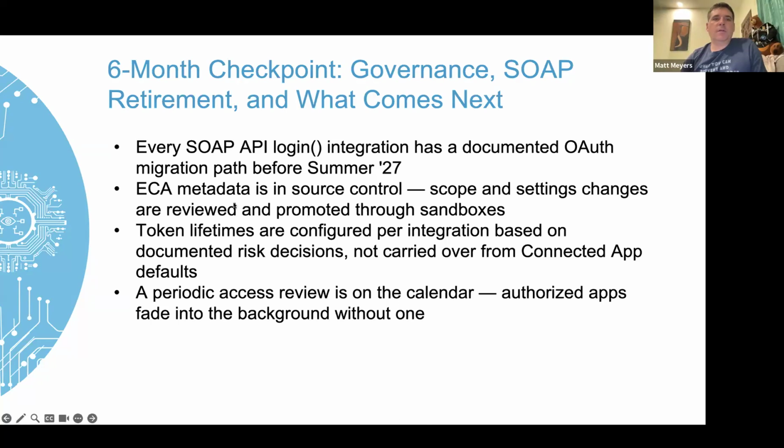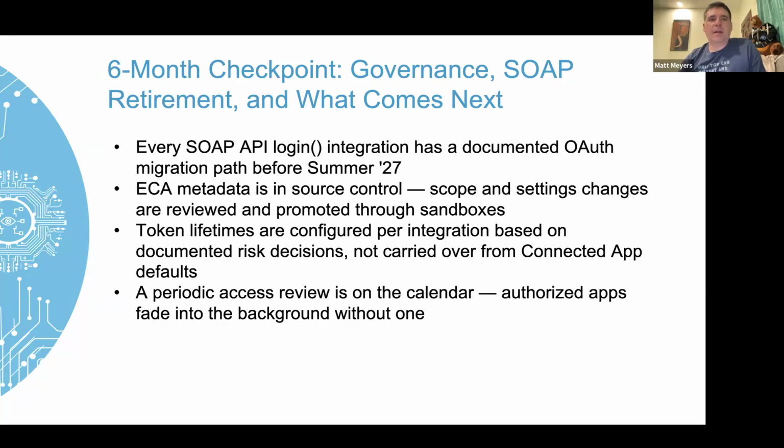Exactly. And one other thing I was going to say on this slide: for the SOAP API login, try to do an audit before that 6 months comes, to see which integrations you still have using it. Start thinking about your legacy apps that have been around for a long time.